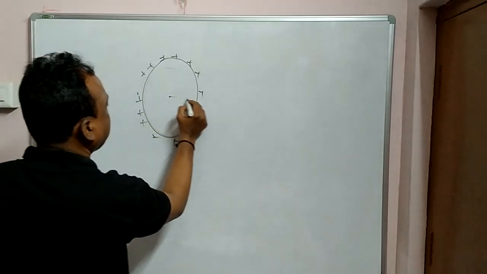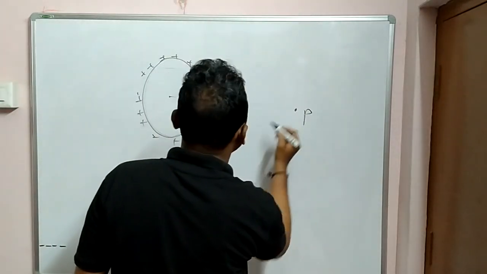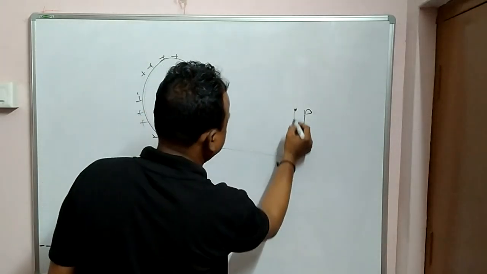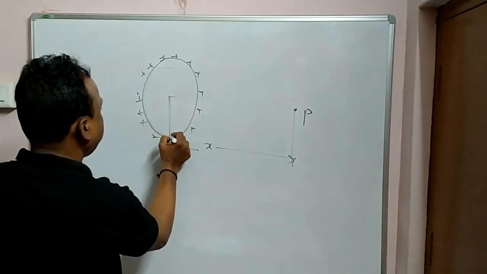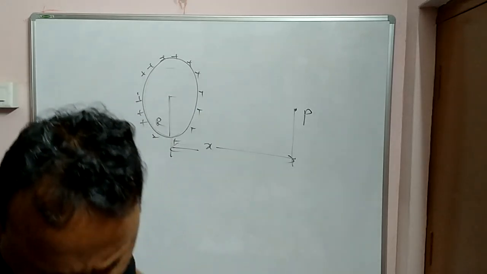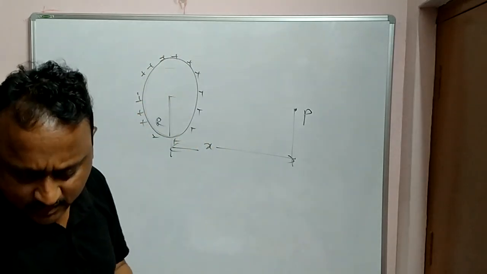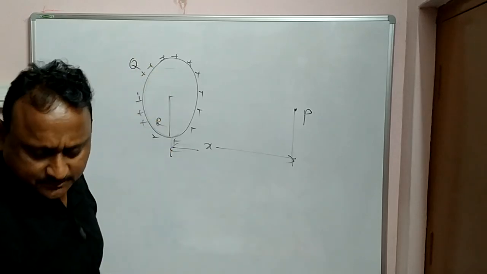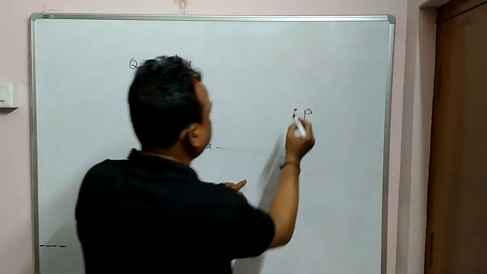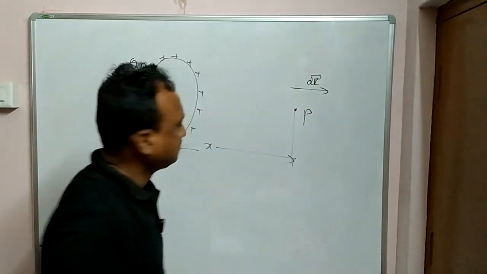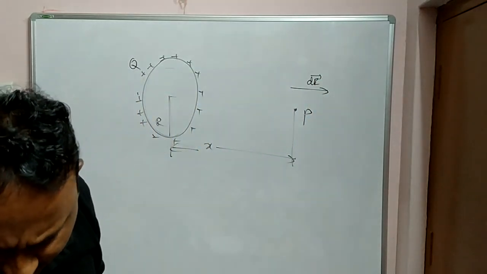This is the center and here is the point, this distance is x. This is radius r. Clear? So for the uniformly charged ring with charge q, P is a point here. At this point, what is the electric field intensity?